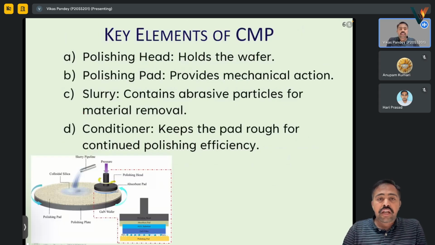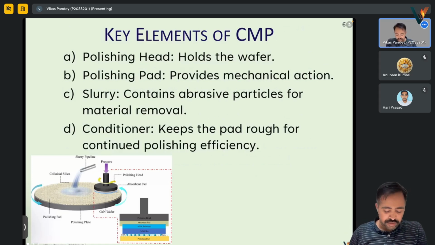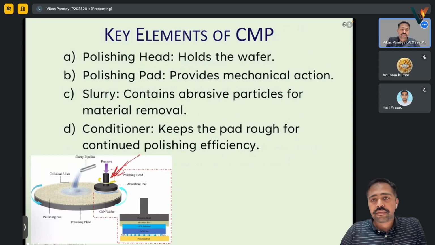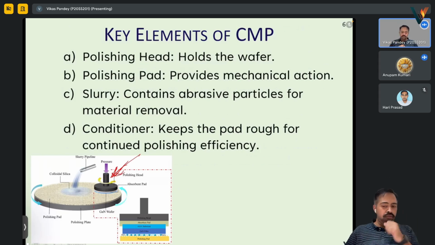So what are the key elements of chemical mechanical polishing? One is the polishing head, like you see here in this figure.